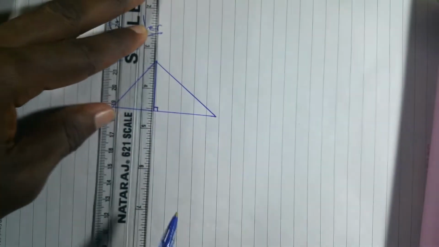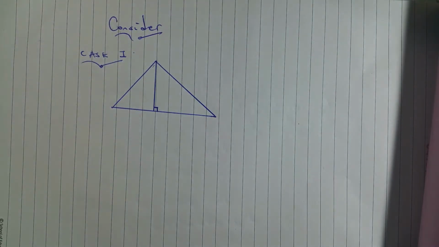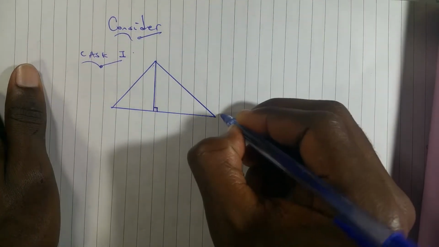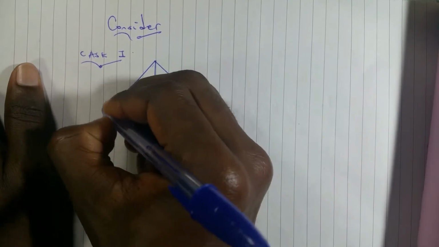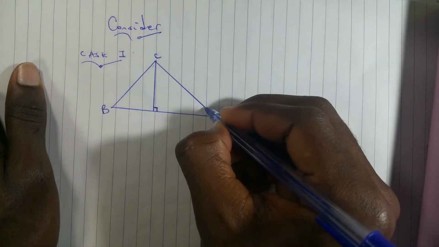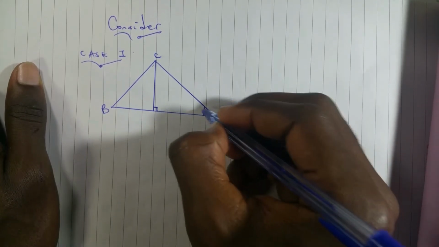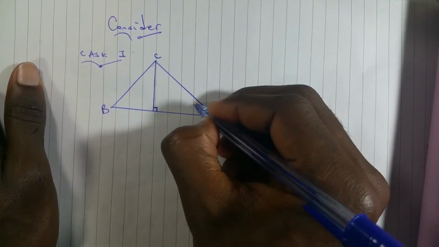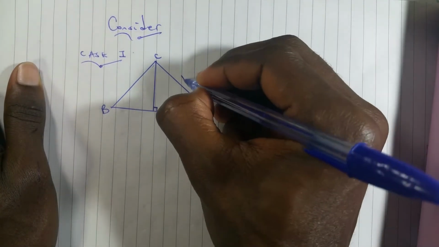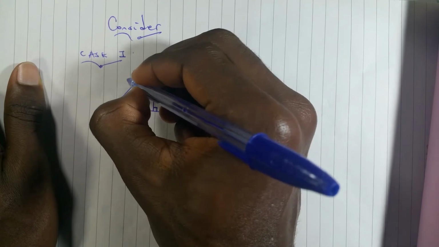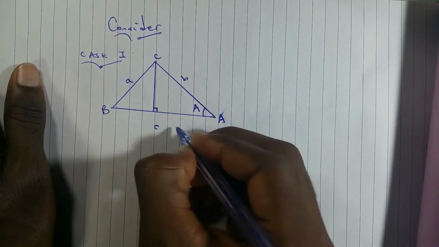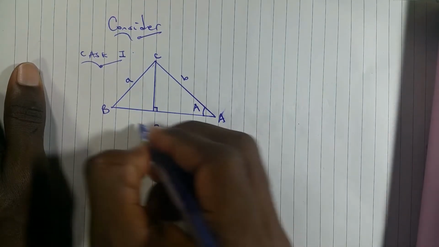Let's name this triangle A, B, C, and we give an angle at this point, a vertex A. We let that angle be angle A, and we let here be side b, this one be side a, and here we let it be side c, which is the whole of that length.